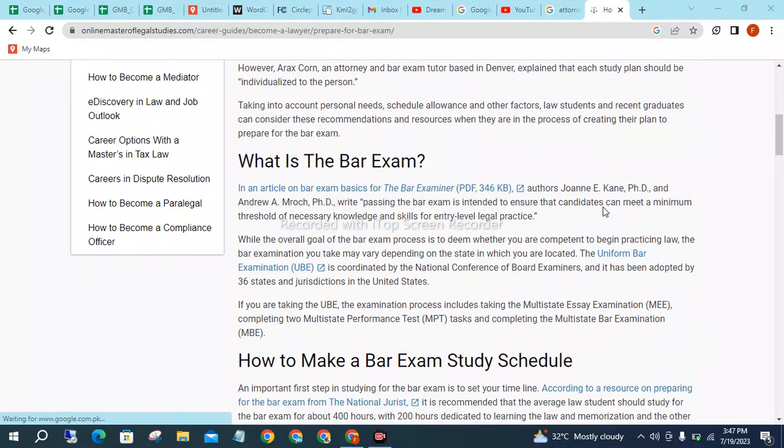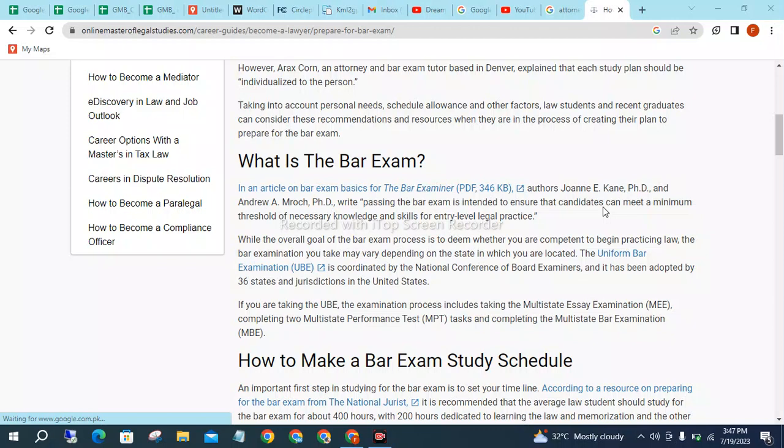While the overall goal of the bar exam process is to deem whether you are competent to begin practicing law, the bar examination you take may vary depending on the state in which you are located. The Uniform Bar Examination is coordinated by the National Conference of Bar Examiners, and it has been adopted by 36 states and jurisdictions in the United States.